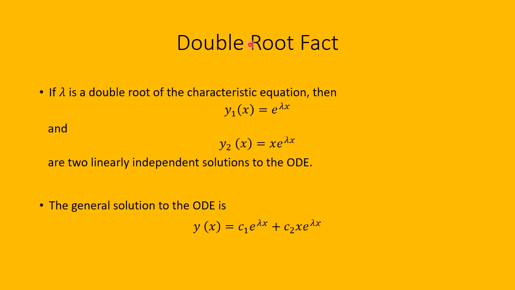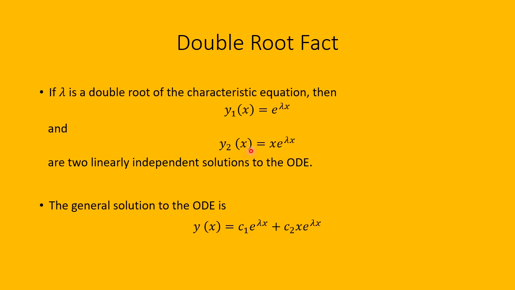Here's a fact about double roots to the characteristic equation. If lambda is a double root of the characteristic equation, then y sub 1 of x, which is e to the lambda x, and y sub 2 of x, which is x e to the lambda x, are two linearly independent solutions to that ordinary differential equation.